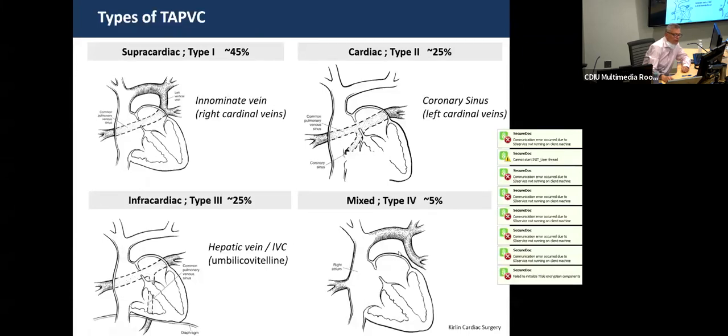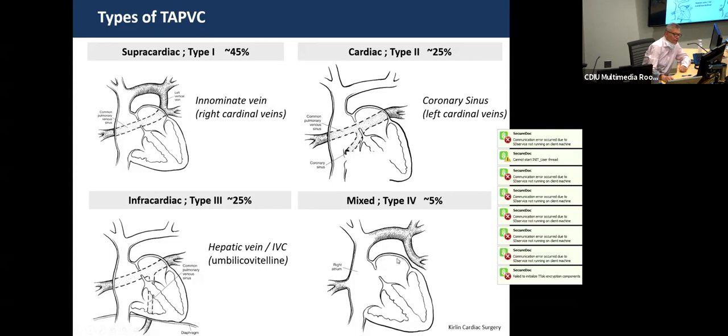This format here is very challenging, and the reason is that when you disconnect the anomalous left pulmonary vein, whether it's draining part or all of the left lung, but especially when it drains the entire left lung, you have to rotate it 90 degrees, as it were, to connect that vein to the left atrium.